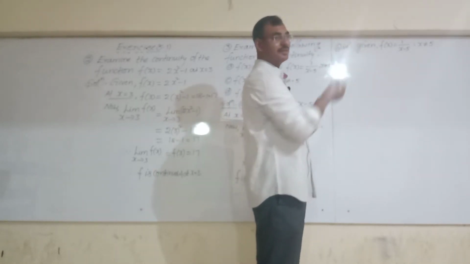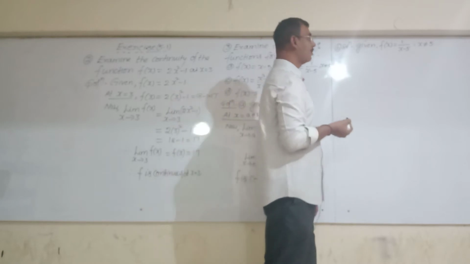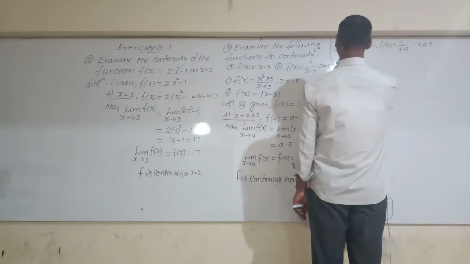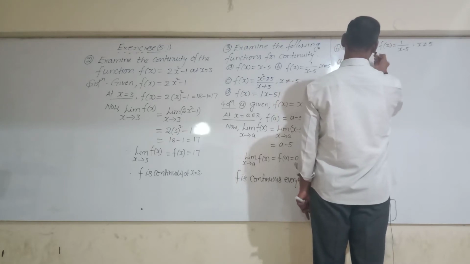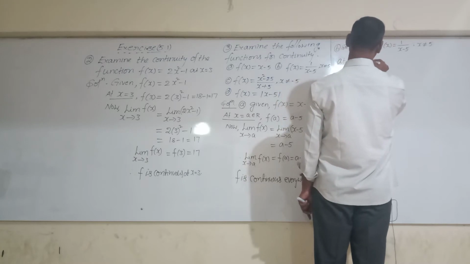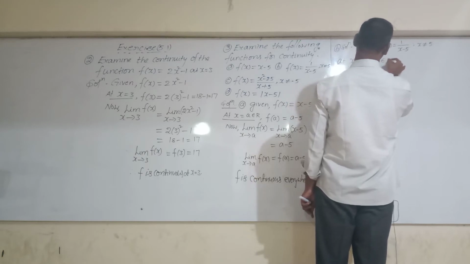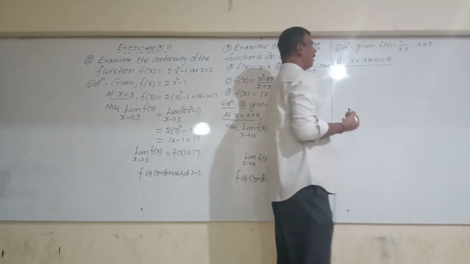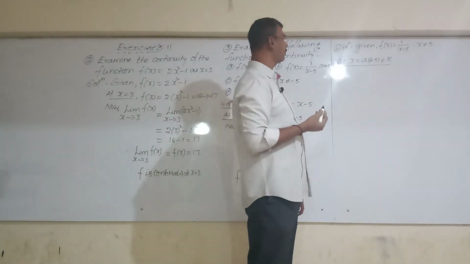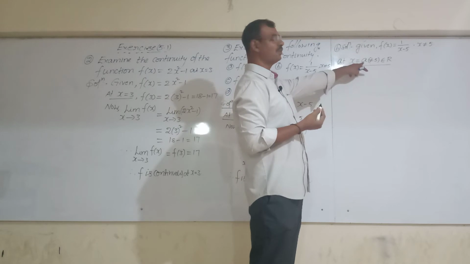He has already given the condition in the problem. So let a be any real number which is not equal to 5. A does not equal 5. The remaining numbers should all be taken here.